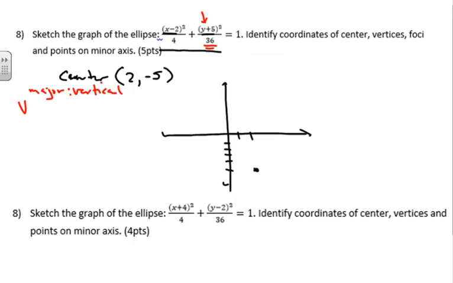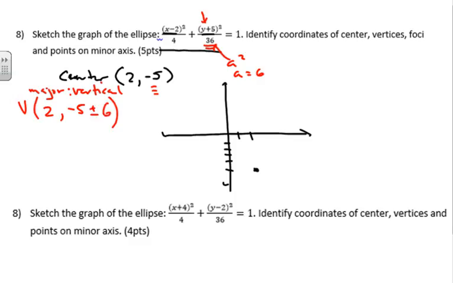And that also means when we find our vertices, we're going to take our a value, because this is a squared equals 36. So a, in this case, has to equal 6. We're going to take our 6, and we're going to add it to the major axis value, which is vertical, so it'll be the y. So we're going to take (2, -5), plus and minus, because we have to go up and down 6 units.